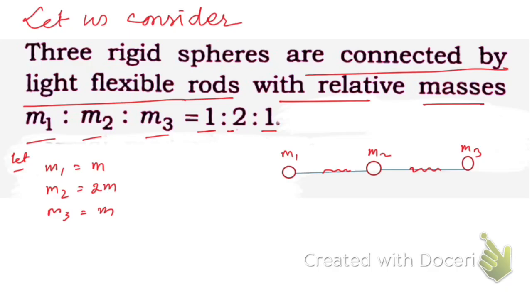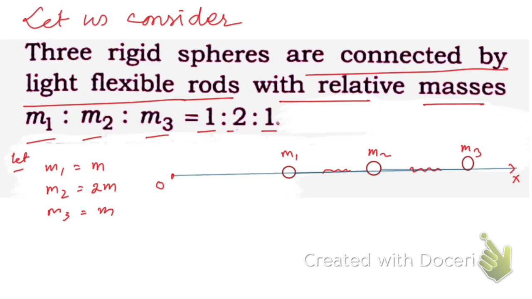Let me consider a coordinate system like this. This is x, this is y. Let me consider this is the x-axis, and the spheres are on the x-axis. This is the origin, suppose.